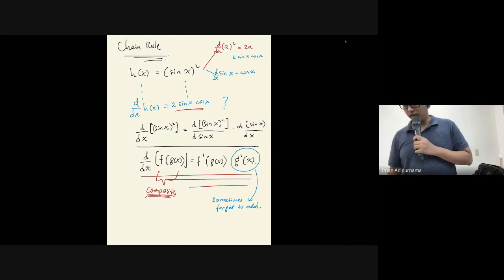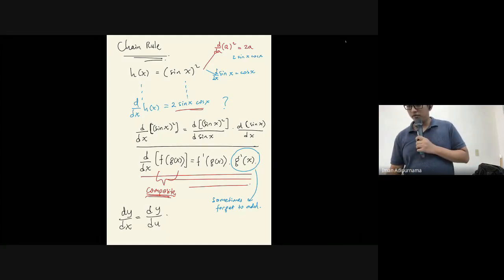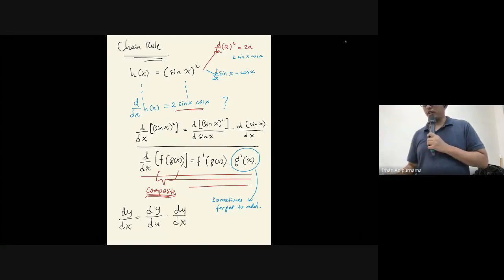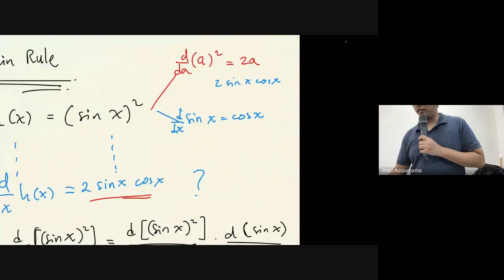You can also write the chain rule as dy over du, and du over dx. You can have another variable u here, but it's similar to this a here.